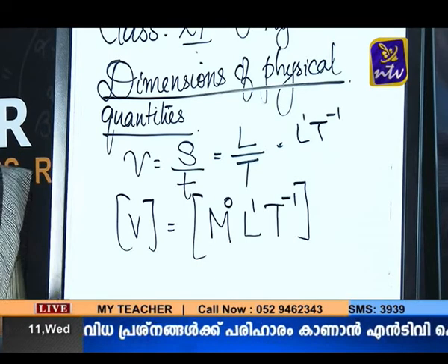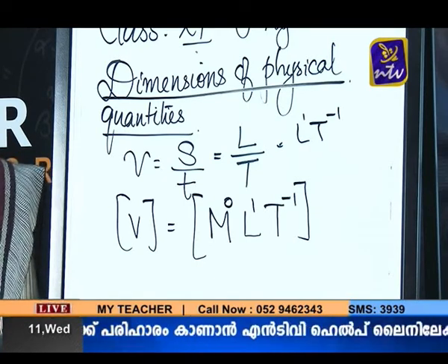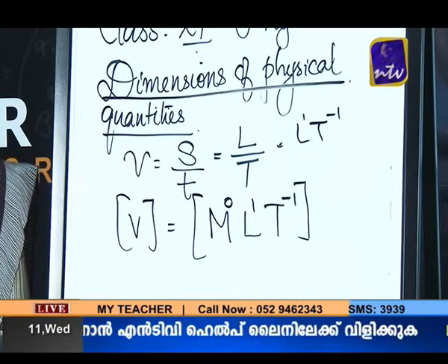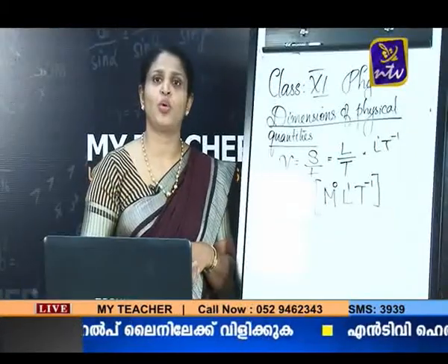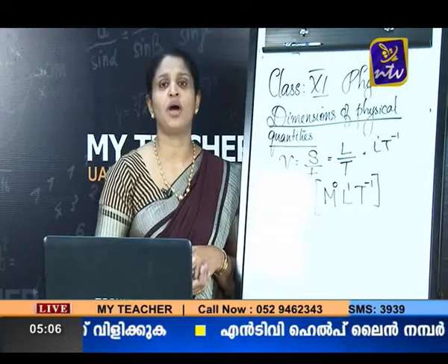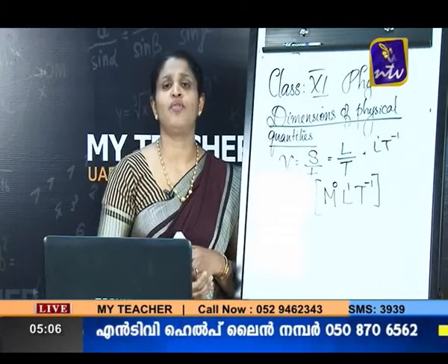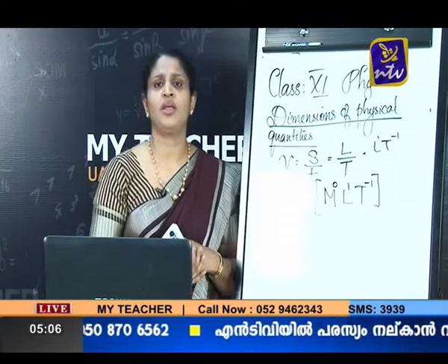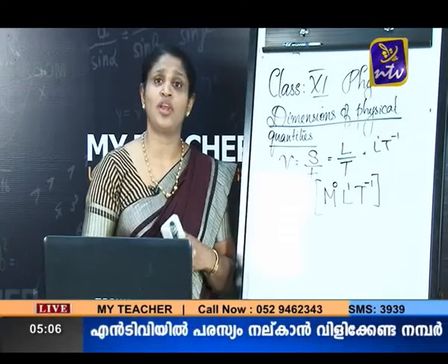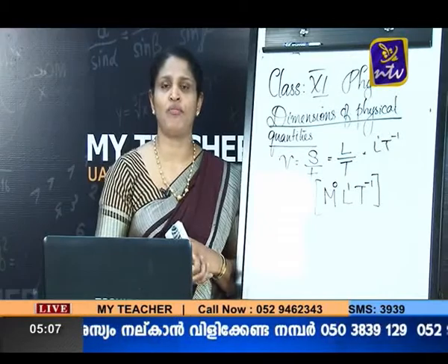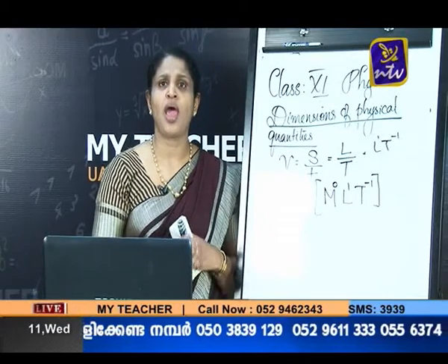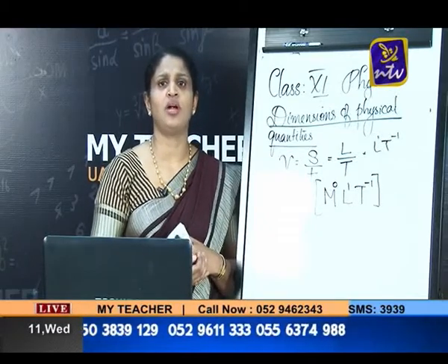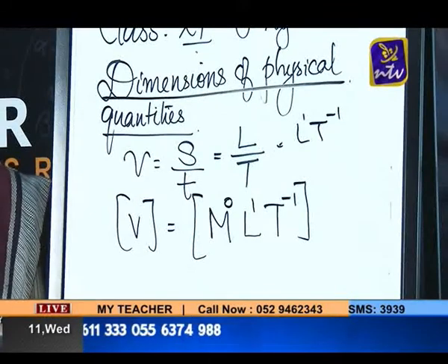It doesn't contain the base quantity mass, but only contains the base quantities length and time, length to the power 1 and time to the power minus 1. This method of representing a physical quantity or a derived quantity in terms of its base quantities and the powers to which they are raised is called the dimensions of that physical quantity.